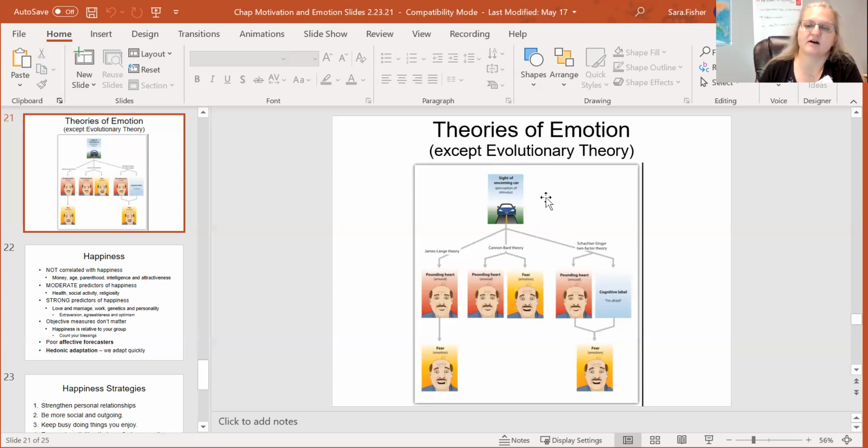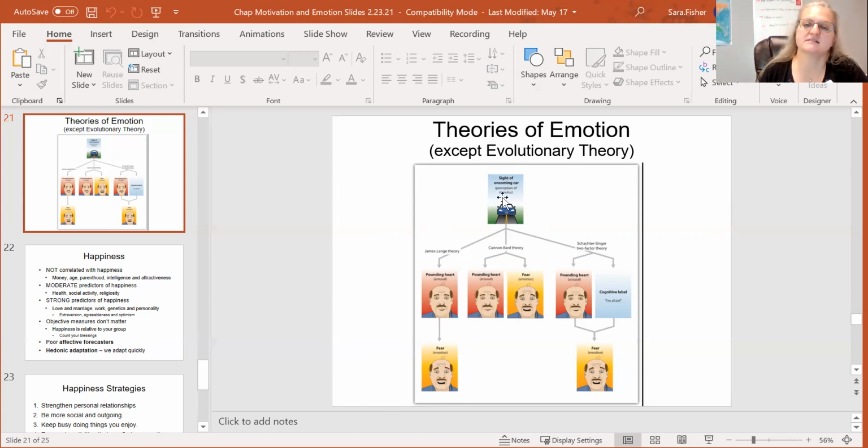They have this environmental stimulus, which then gets interpreted as a cognitive event, and then you have the biological response, and then you have the emotional expression. So the cognitive interpretation, the body reacts, and then how you emote, right?